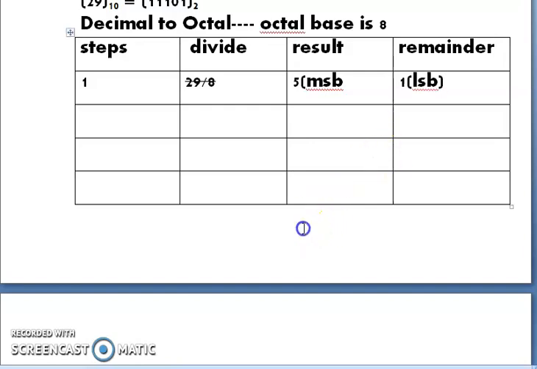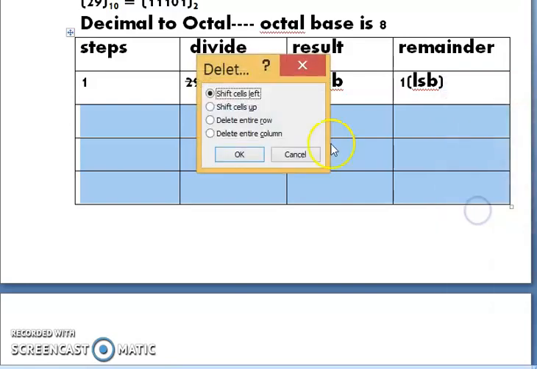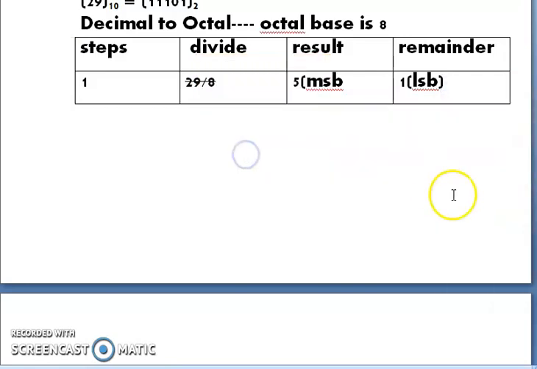So 29 in base 10 is equal to what in base 8? In base 8, it is 35. That is 35 base 8.